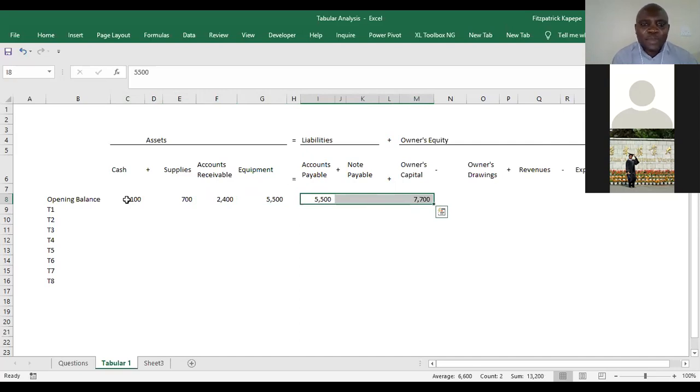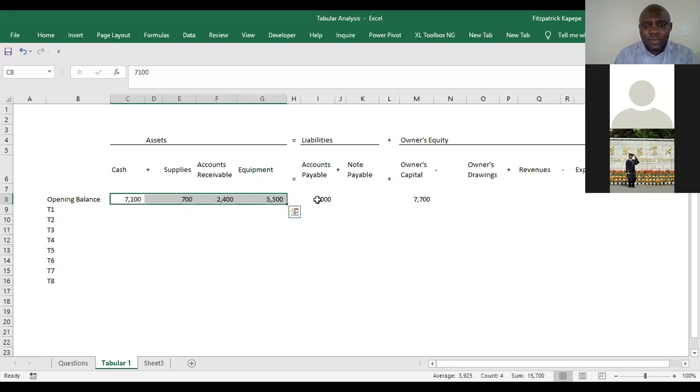So 15,700 minus 13,200, how much is it? 2,500. So accounts payable would go to 8,000, so that when you add this, it gives you 15,700, and when you come this side, it gives you 15,700.